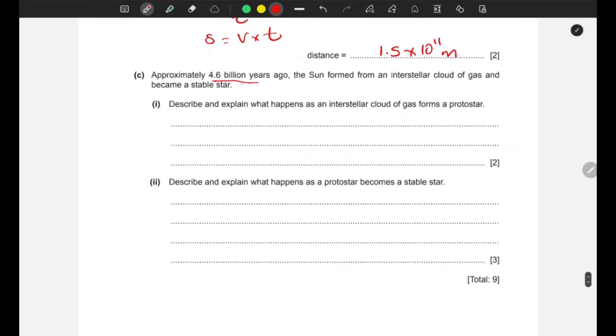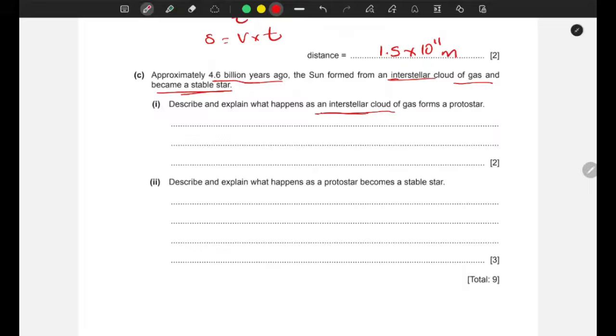Approximately 4.6 billion years ago, the Sun formed from an interstellar cloud of gas and became a stable star. Describe and explain what happens as an interstellar cloud of gas forms a protostar.